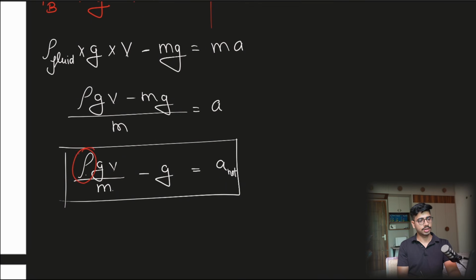The density of the salt water is more. If this parameter increases, since these are all positive quantities, overall this is going to increase, because the numerator is increasing and the mass is not changing. So overall, yes, the net acceleration is increasing.